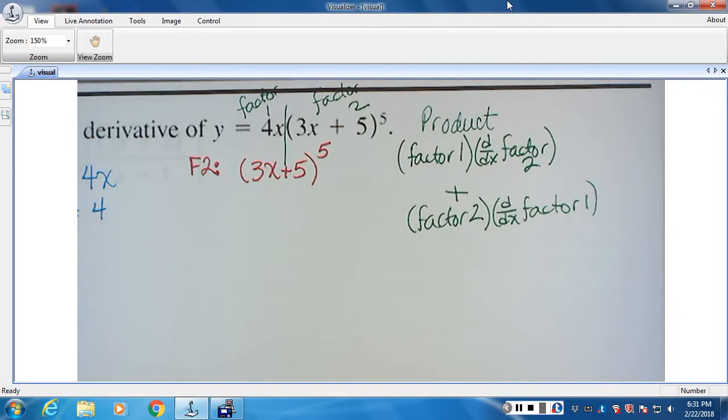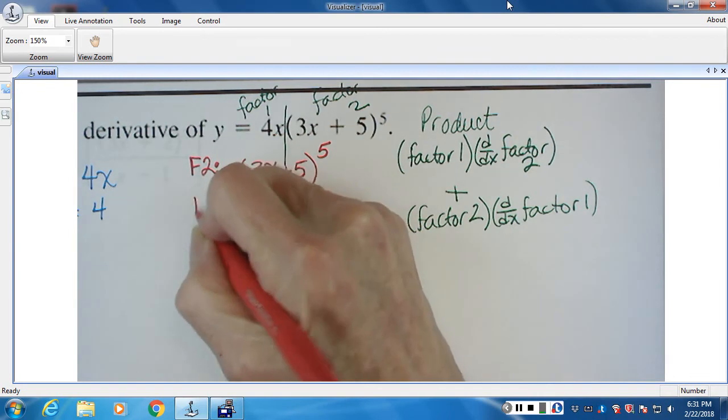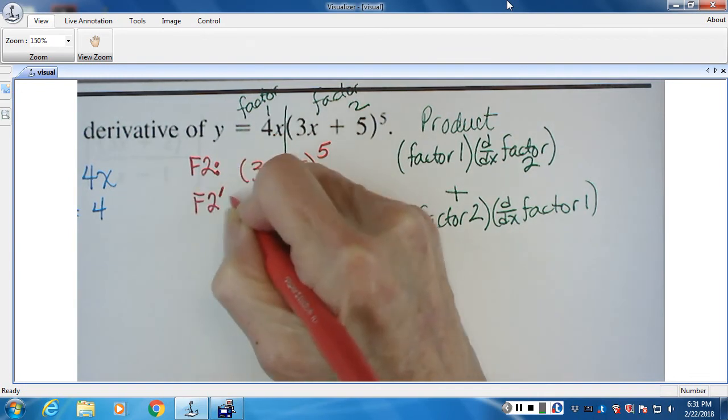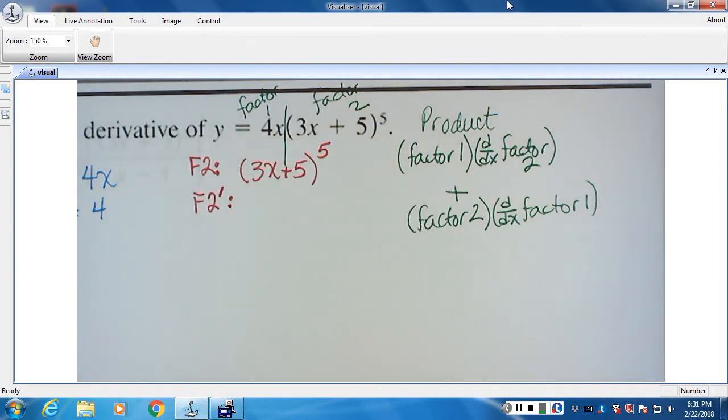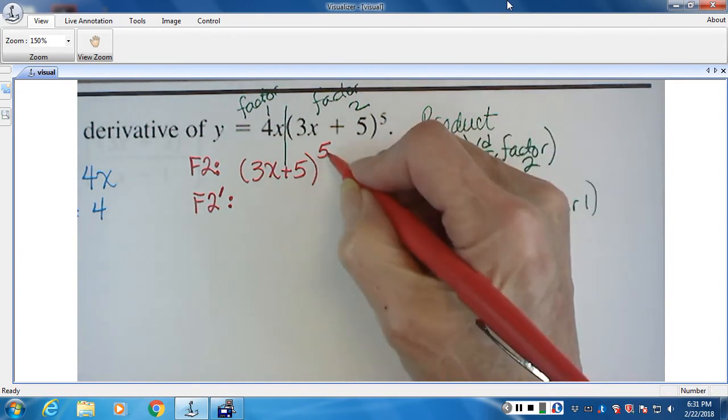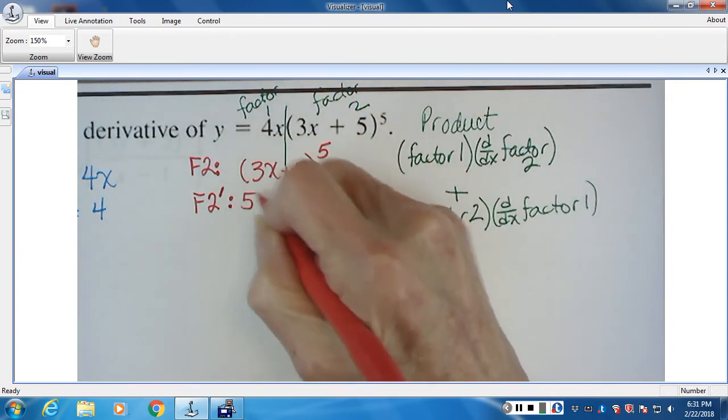And factor 2's derivative, which I'm just calling F2 prime, they like using these in the book, but I think it's easier if we can simplify that down to single letters. I'm going to use my power rule and bring the 5 down in front of the parentheses.